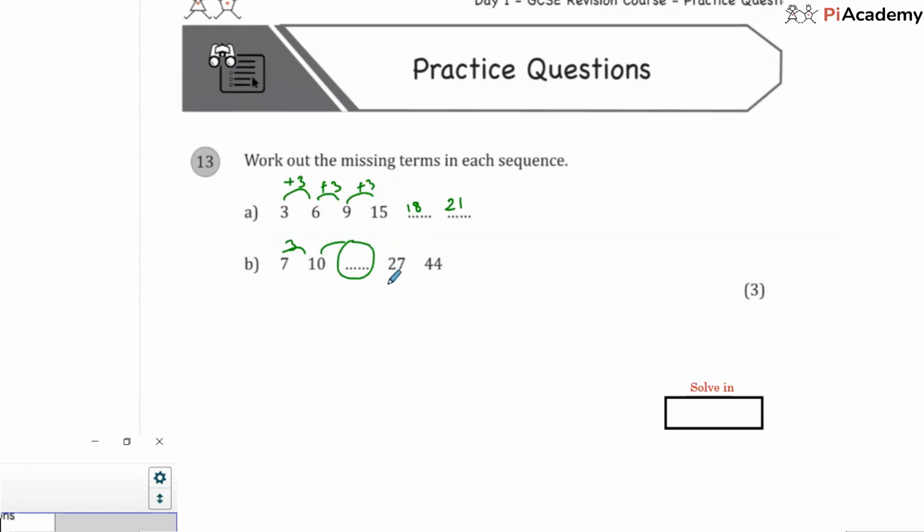So 9 to 15 is not plus 3. Yeah, it's plus 6. They're doing the Fibonacci sequence.